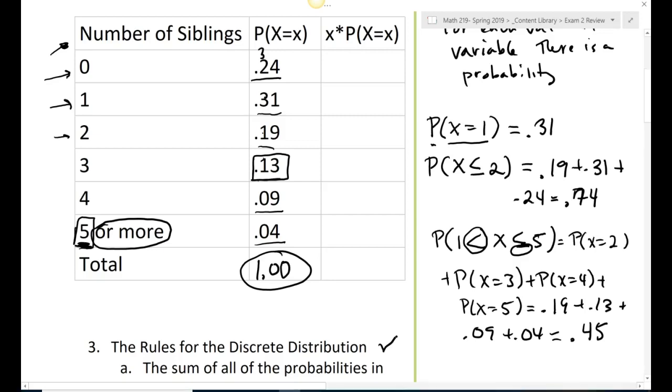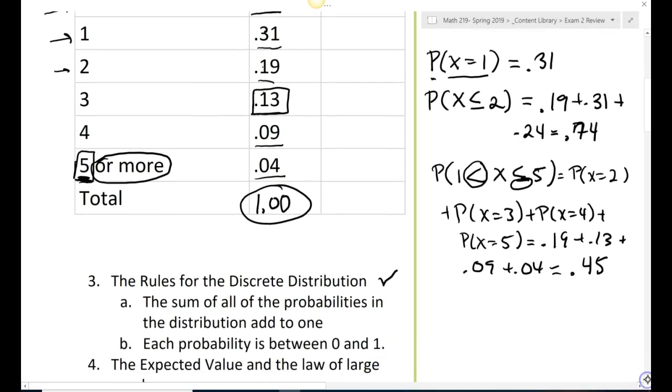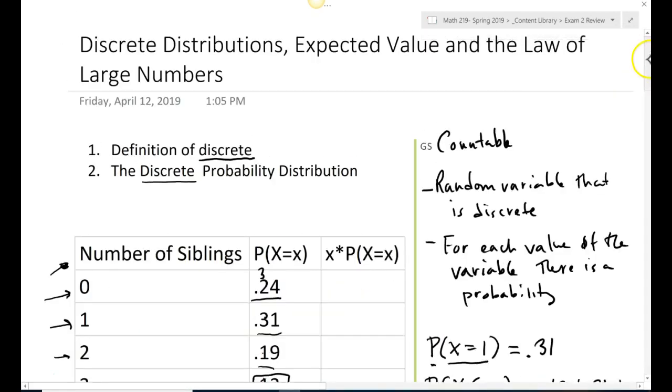And that's a big difference in statistics, and that's why we have these definitions, where we ask, is it a probability distribution? Because if it's not, we can't do what I just did. We can't actually find, say, the expected value, which we'll look at next. And so consequently, we need to make sure that the rules are met. This one is fairly simple. There's really only 2 of them: the sum of all the probabilities in the distribution adds to 1, and each probability is between 0 and 1.